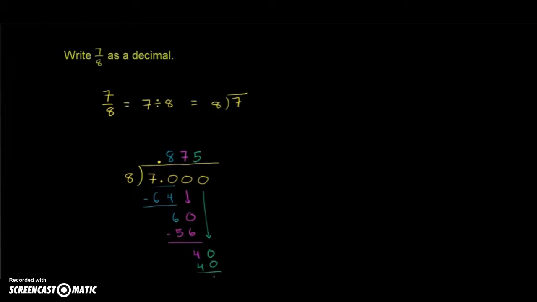And we have nothing left over. And so we're done. 7/8 is equal to 7 divided by 8, which is equal to 0.875. But I'll put a leading 0 here just so it makes it clear that this is where the decimal is. 0.875. And we are done.